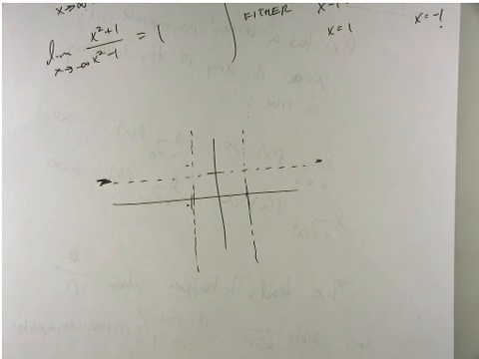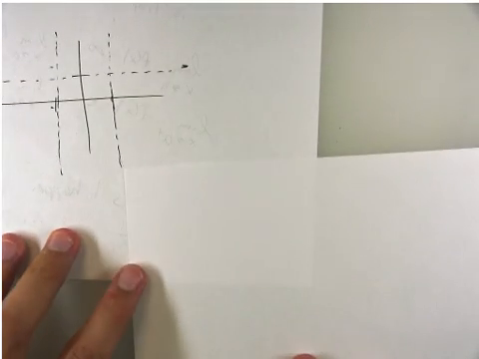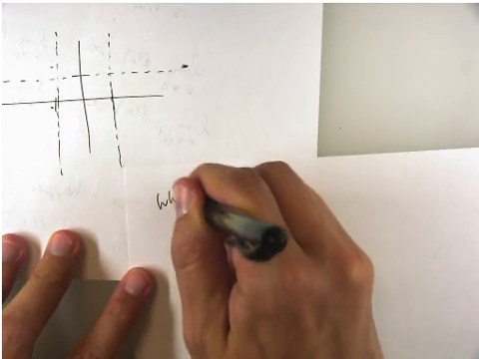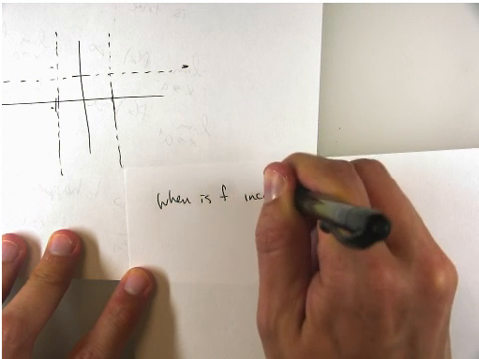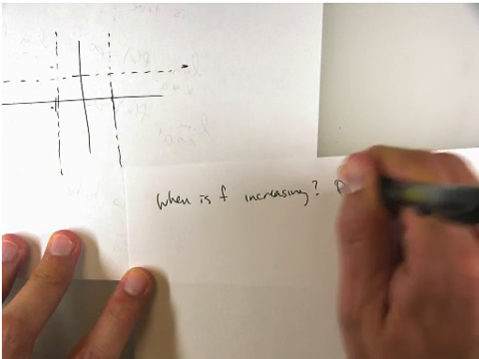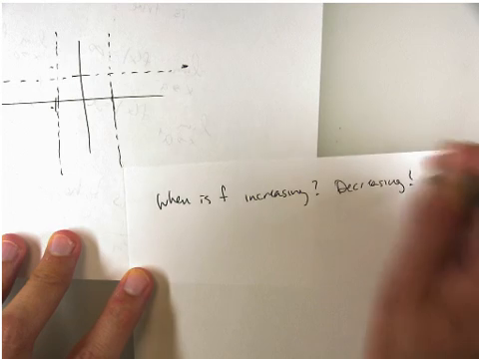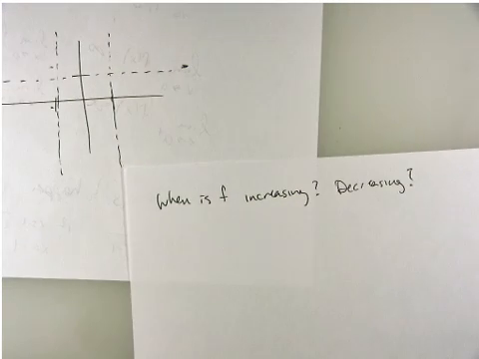Because let's ask ourselves another interesting question. When is this function increasing and when is it decreasing? So here's our function up here. When is f increasing? Decreasing? How do I find that out?